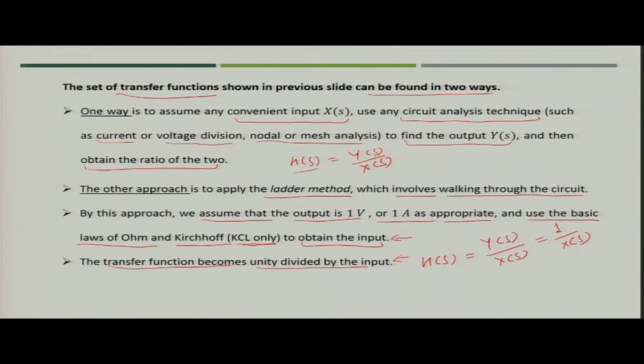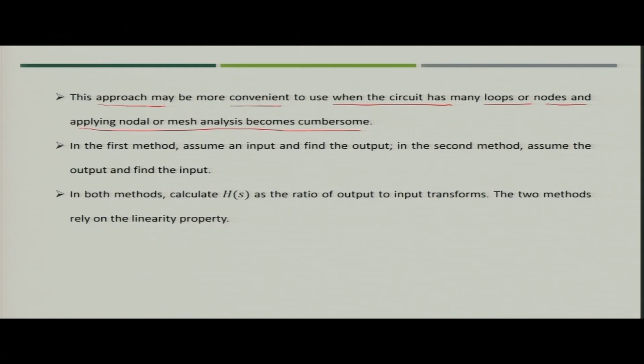If you have a complex network with multiple meshes and nodes, then applying nodal or mesh analysis would be a little bit cumbersome. That is why, compared to the first method, the second method, the ladder method, is more appropriate in the case of complex networks. So, we will use this as a convenient method for finding the transfer function of the network.